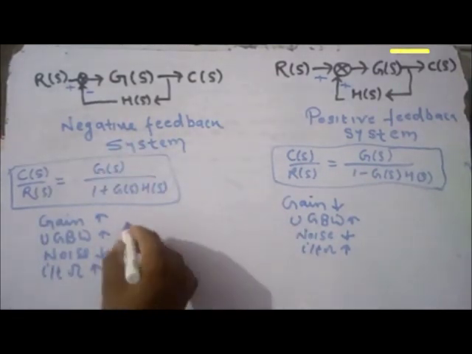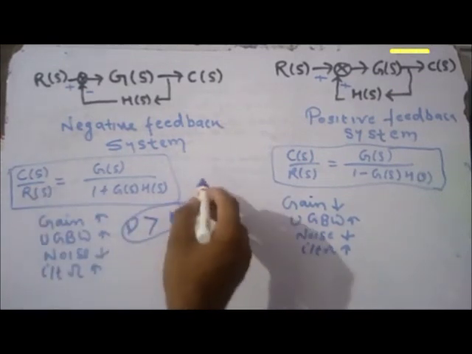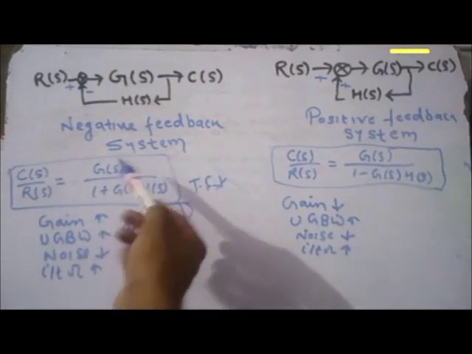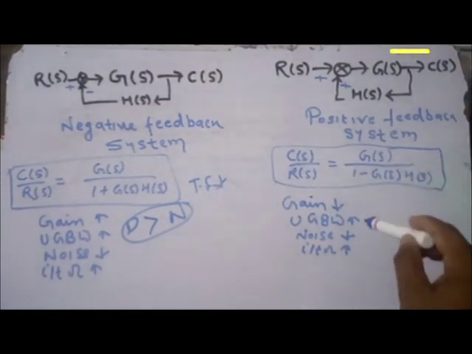Unit gain bandwidth is high, noise is less, and input resistance is high. Here it is G(s) / (1 - G(s)H(s)), that means the denominator is less than the numerator, that means the transfer function is high.